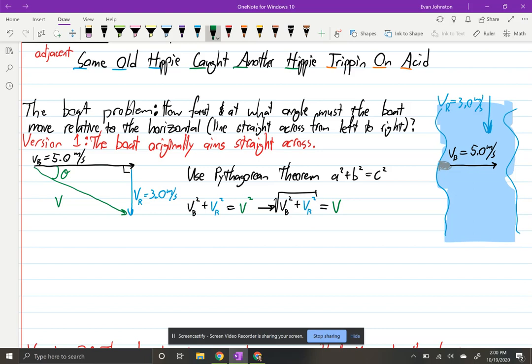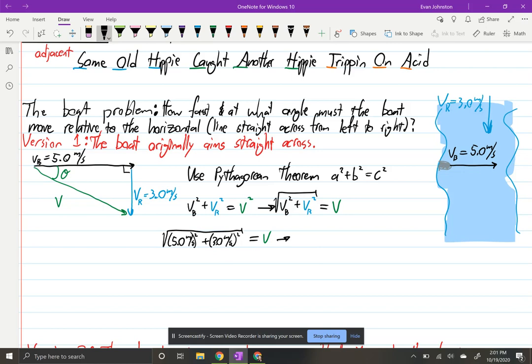It's pretty simple. So I'll write here that I have the square root of 5.0 meters per second squared plus 3.0 meters per second, and that also is squared. So 5 squared is 25, and then 3 squared is 9. So this really is our velocity.